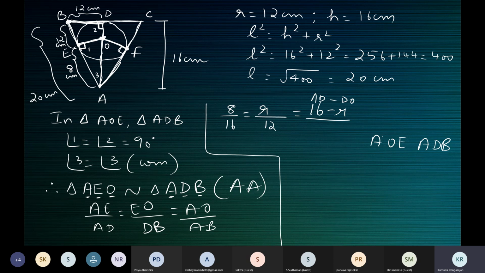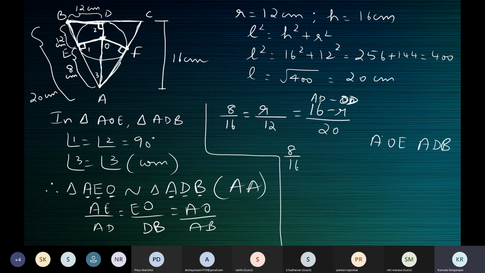AD minus OD, 16 minus R, because OD is the radius of the sphere. 16 minus R by what is AB? 20 centimeters. So you can equate anything. You equate two ratios and find the value of R. That's all. So that is your task.